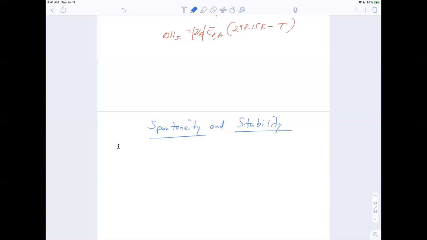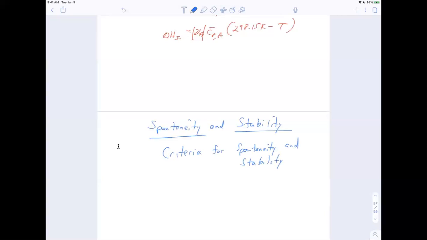And once that process is over, what happens when we have a stable system at equilibrium? So we want criteria, some formalism that allows us to understand spontaneous processes and stability of a system. So, criteria for spontaneity and stability.